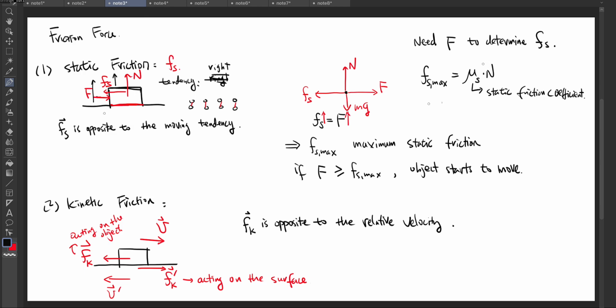And normal force in this case, the horizontal surface case, in this example here, normal force equals gravity. Okay, so that's why I can do the calculation further. So the Fs max will be mu s mg.